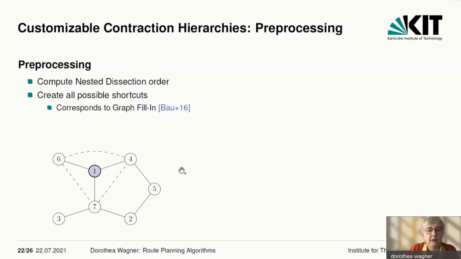Next we contract 2. What we get as an additional edge is this edge between 5 and 7. If we contract 3, nothing happens. If we contract 4, we get an additional edge from 1 to 5.